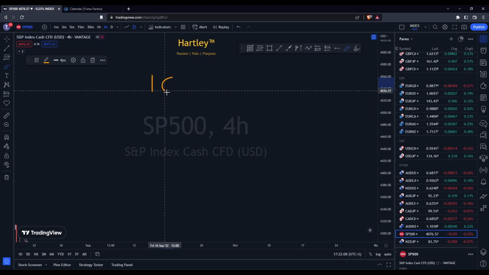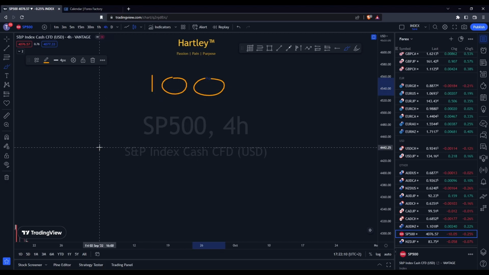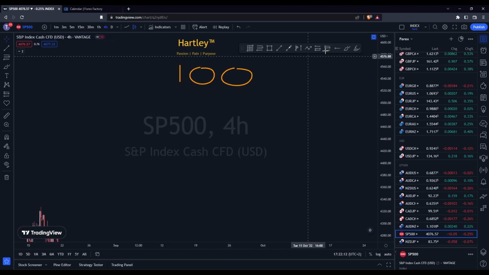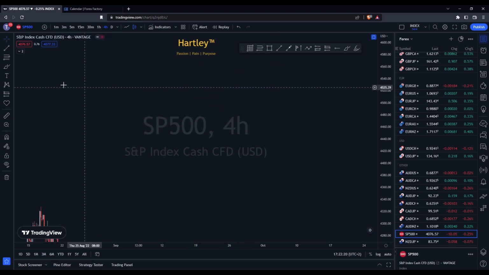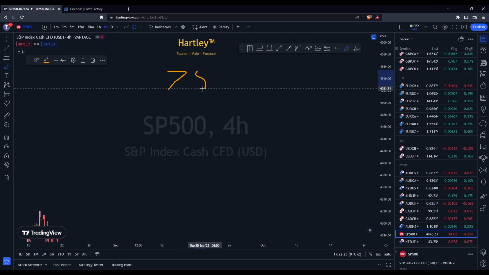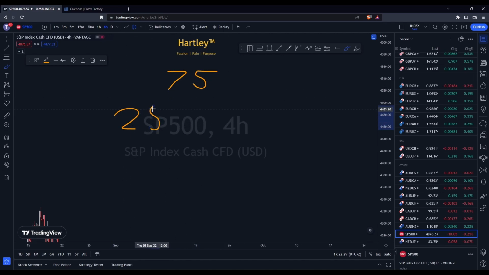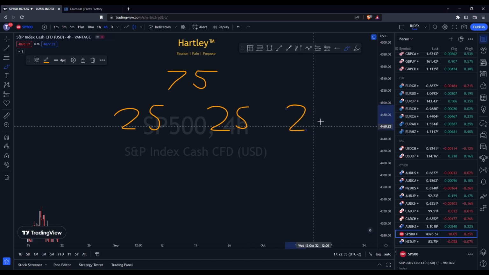If you have $100, right, and you enter the first trade with, let's actually do a smaller number that I can divide by 3. So let's say $75, right? And you enter the first trade with $25, right? And then you enter the second trade with $25. Then you enter the third trade with $25, right?